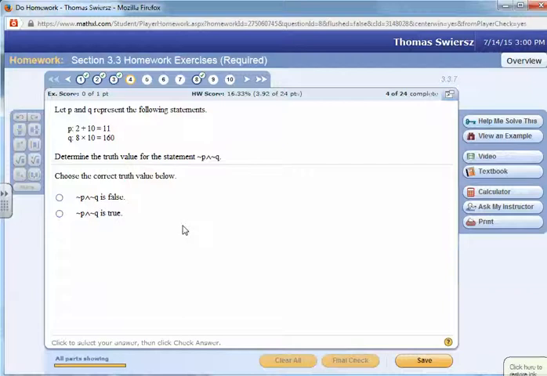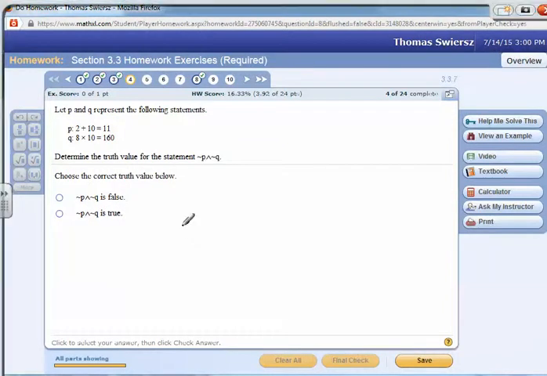All right, let P and Q represent the following statements. Okay, 2 plus 10 is equal to 11, so P is definitely false. 2 plus 10 is 12. 8 times 10 is equal to 80, not 160, so Q is false also.